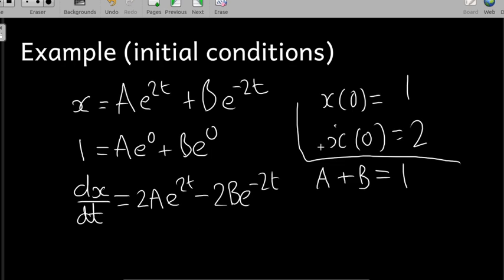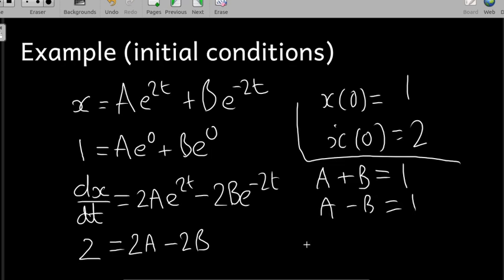And now again we can substitute. The initial condition says that dx by dt is 2 when t is 0. So we replace dx by dt here with 2, and we replace t with 0. So e to the 0 is 1 again, so this gives us 2 equals 2a minus 2b. And dividing through by 2 there, that then gives us that a minus b equals 1.